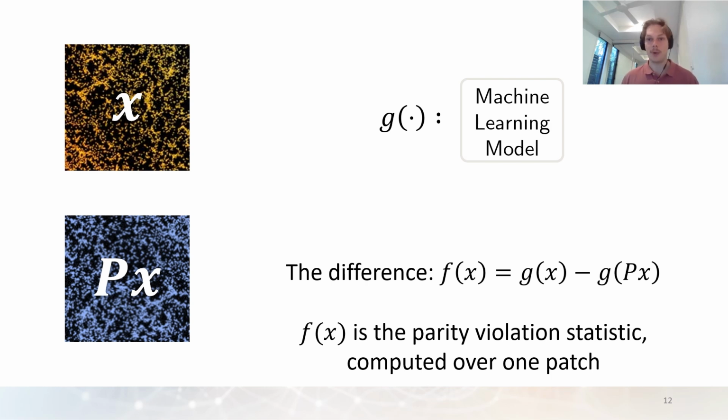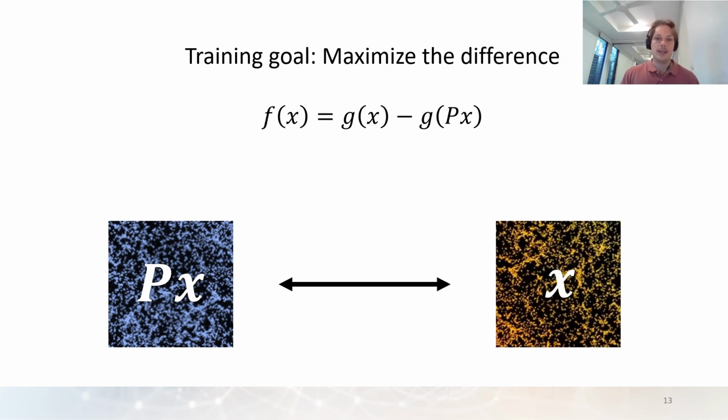The difference here I'm calling f of X. Once we compute that, f of X is the parity violation statistic, computed over one patch. Throughout training, our goal is to maximize the difference for the model applied to each of those. That way it will be able to effectively distinguish them, because high values will be from the real universe and low values will be from the mirror universe.